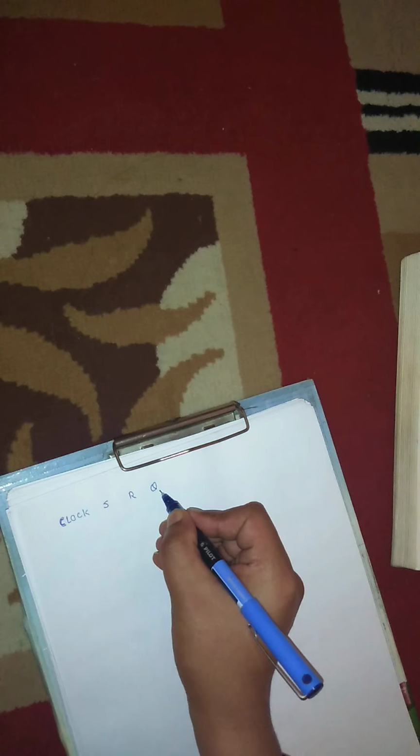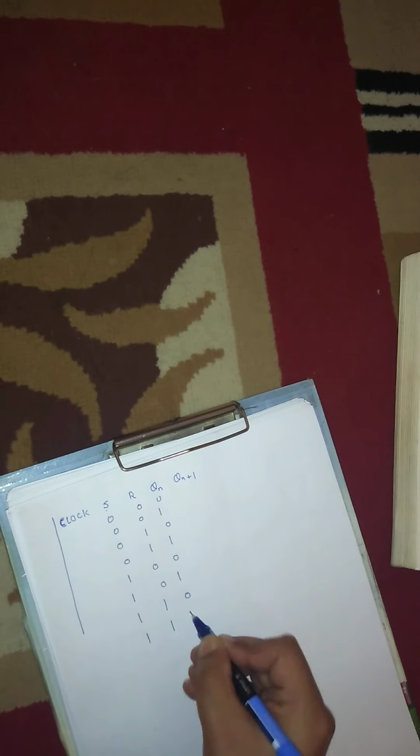In the SR latch there is no clock input, so here we apply a clock input first, then the present inputs S and R. After that we apply the present state Q and the next state Qn plus 1, which we have to find out. So this is the table. The rows are 0 0 0 0, 0 0 1 0, 1 0 0 1, 1 1 0 0, 1 0 1 1, 1 1 1 0 and 1 1 1 1.